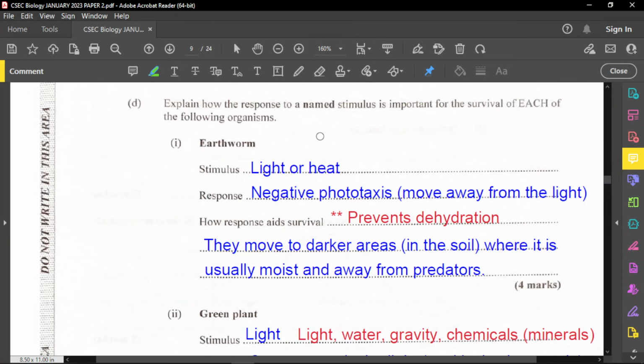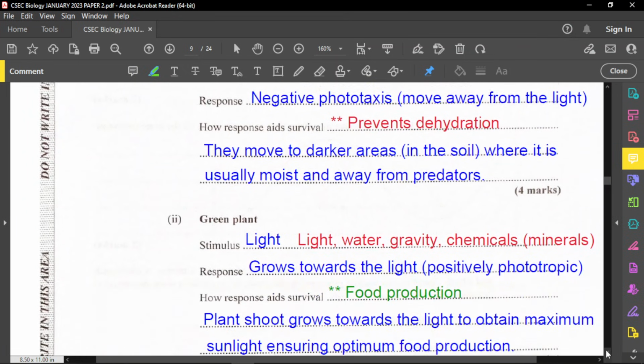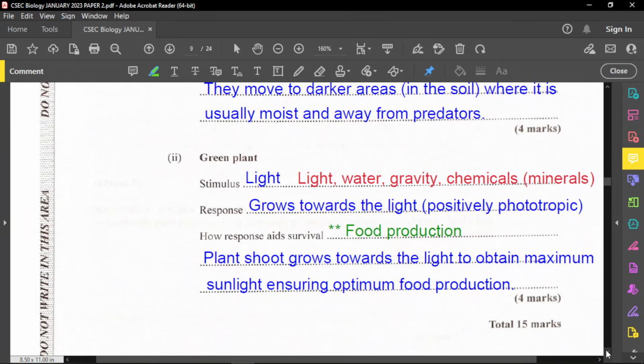How responses aid survival: generally it prevents dehydration, and so the earthworm may move to darker areas, typically in the soil or on debris, especially decaying debris that is moist, and so they find moisture there. It also enables them to move away from predators, because if they're in the open in the light, they can be seen easily and be eaten.